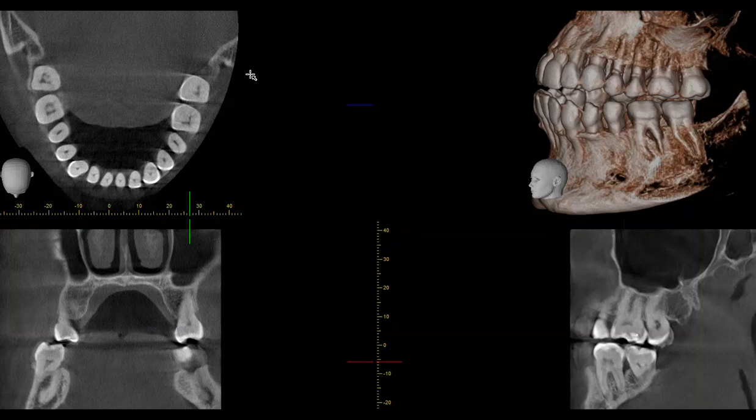When this type of incipient vertical root fracture is present, the axial image will reveal a narrow area of vertical bone loss adjacent to the root fracture.